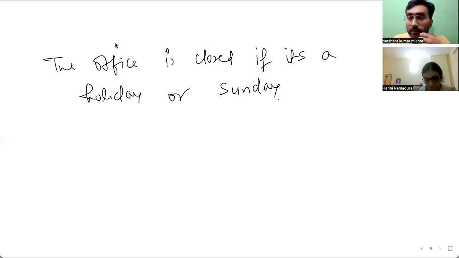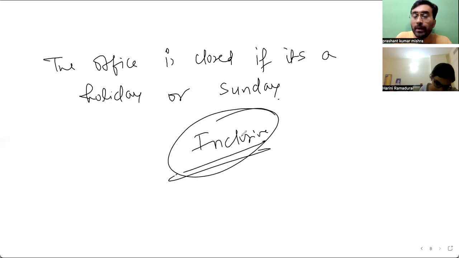Holiday or Sunday: inclusive or, right? Yeah, inclusive it is. Let's say Christmas is falling on Sunday. So Christmas is a holiday and Sunday is there. So it can be inclusive. Both can occur together. Holiday and Sunday can come together. It is inclusive. Understand?